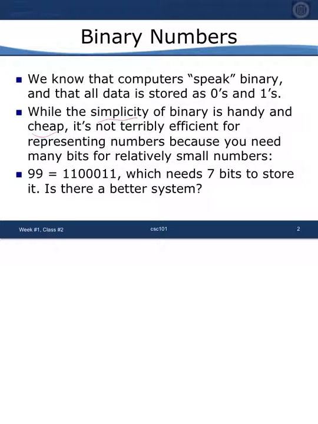And by that, I just mean that making a bit physically, and there are millions and billions of them in your computer, a bit that's just a 0 or 1 switch is very simple.